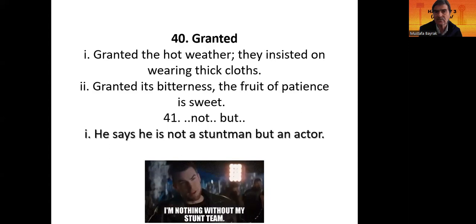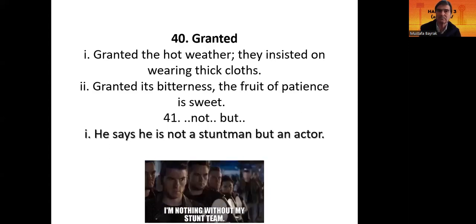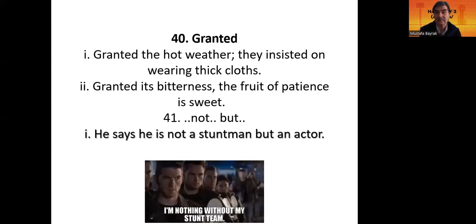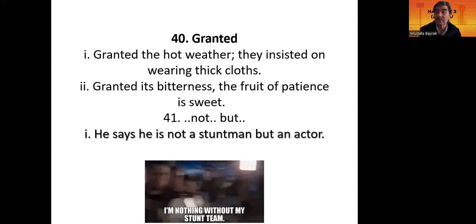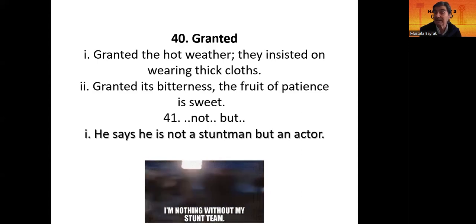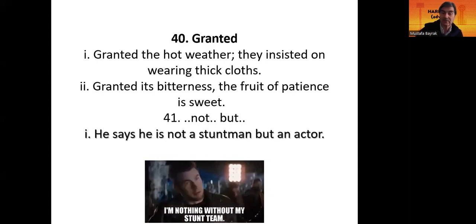I am nothing without my stunt team. Yeah, stunt team. I am an actor, but I am nothing without my stunt team. So I have a stunt team with, for example, 10 stuntmen. Okay.